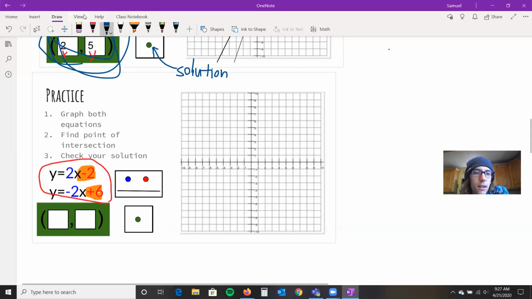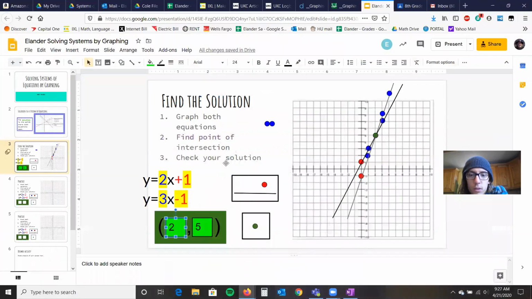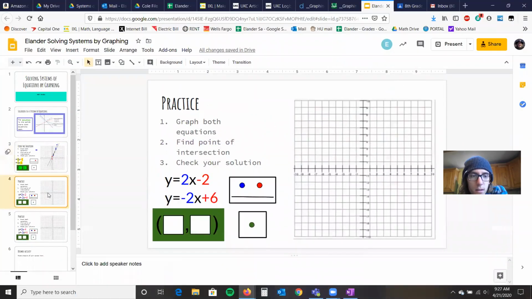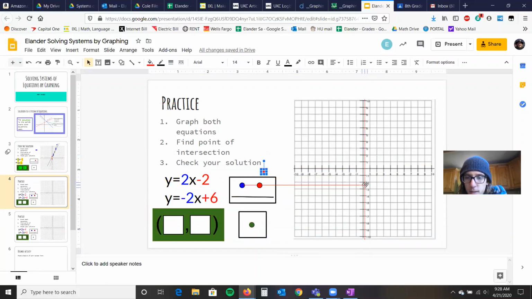So I come over here and I say, let me grab my little dots, and I actually can't grab it on this one, right? So let me switch back over. So on your screen, you can do this because you've made your copy. And you say, okay, red dot, it's at -2. So I go, again, on my y-axis because it's a y-intercept.